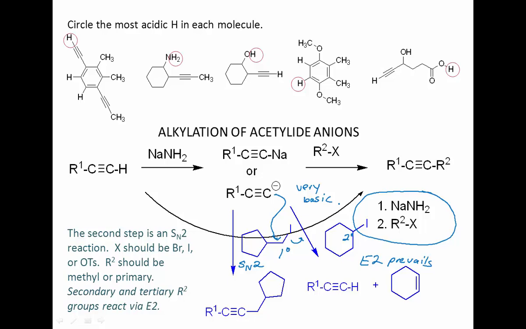And again, this is something we discussed in the previous chapter. When something has a very high degree of basicity, it very often reacts with secondary halides to make alkenes, and almost always reacts with tertiary halides to make alkenes.